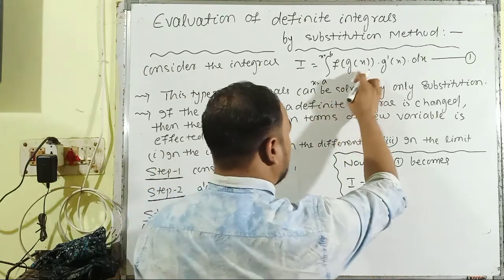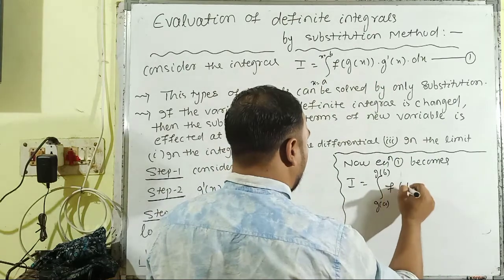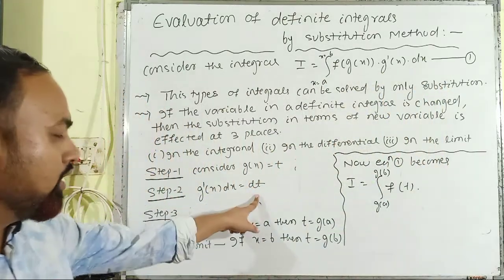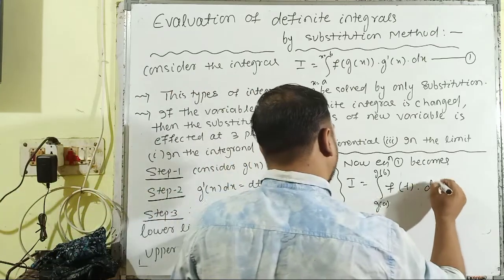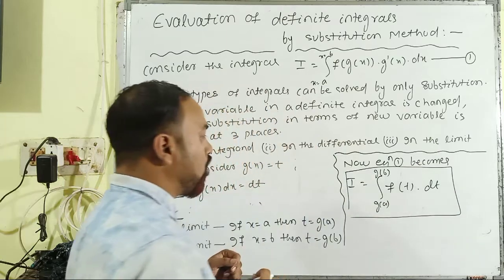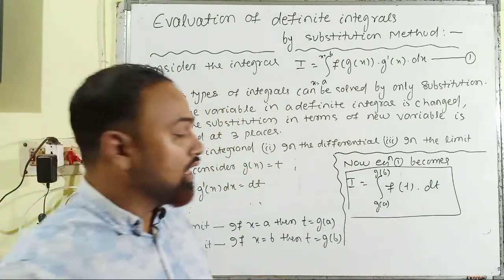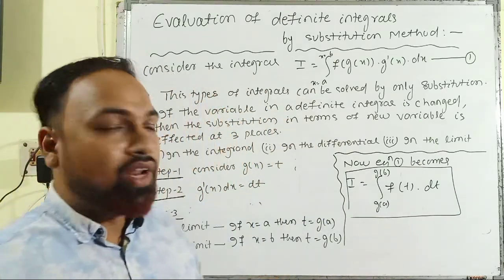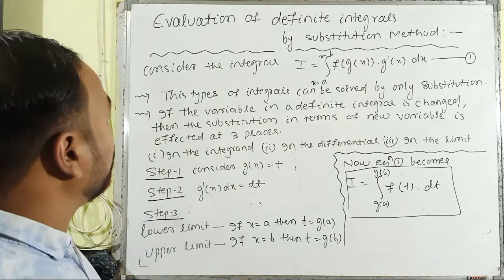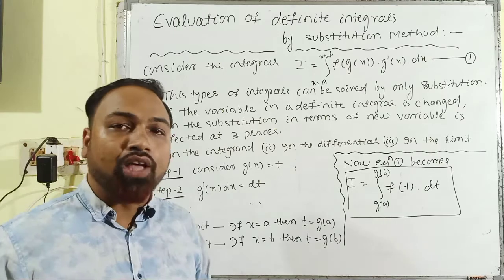Then we put g of x as t, that means it is f of t. Then in place of g dash x dx we write dt. So it is the newly formed definite integral, and we solve it by using the general procedures of indefinite integration. These are the basic procedures to solve definite integration by the substitution method.